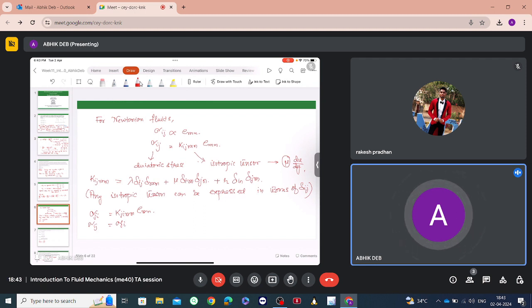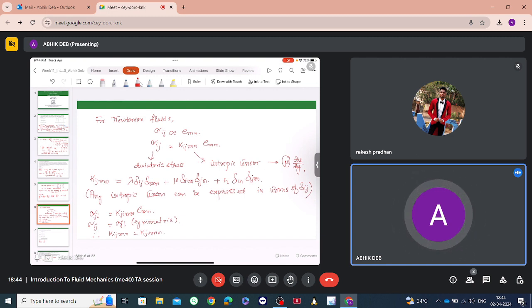That is, the deviatoric stress components, as we have seen previously, are symmetric. Therefore, Kijmn is equal to Kjimn.